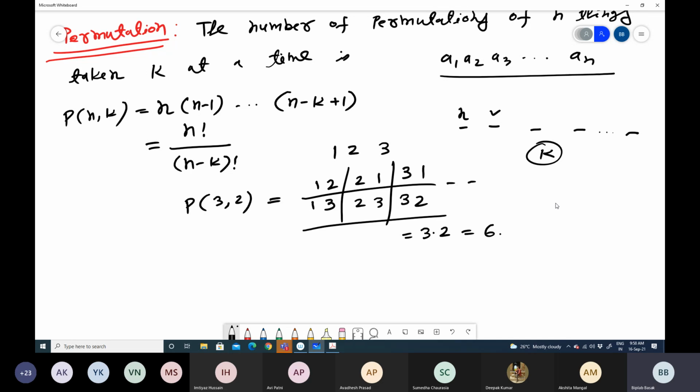And in a similar notation, we will define the combination. Now, what is the difference between permutation and combination? For the combination also, we choose k elements from n elements, but the order does not matter. So that means in the combination, 1, 2 and 2, 1 will be the same. So we choose k elements as a set. Okay.